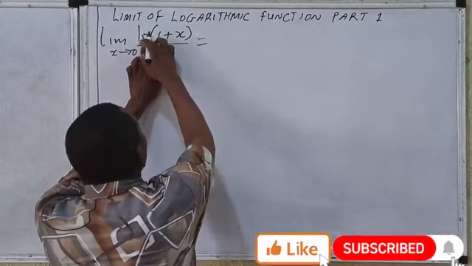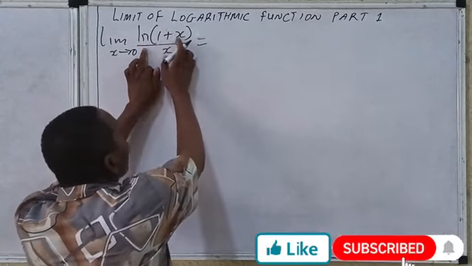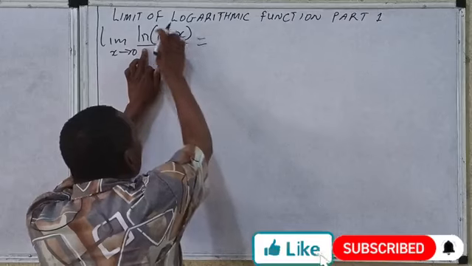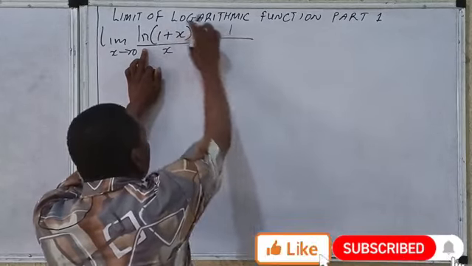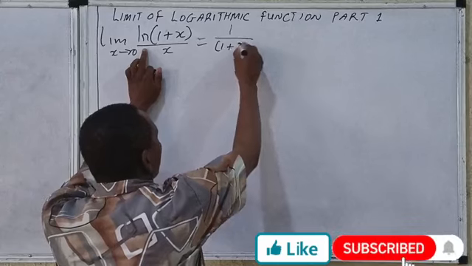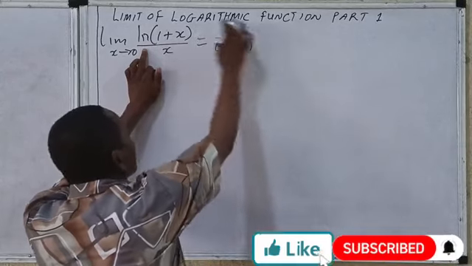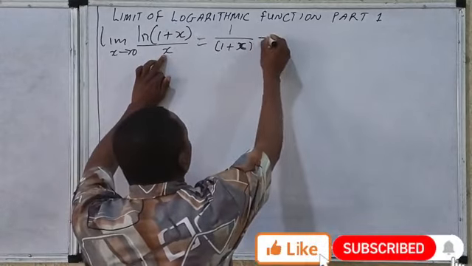So the limit, you differentiate inside. If you differentiate this it is 0, if you differentiate this it is 1. So you differentiate the bracket, drop it there, all over 1 plus x. Now, what about if you differentiate the denominator?